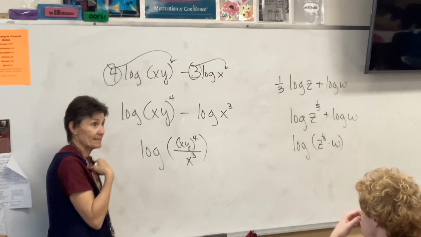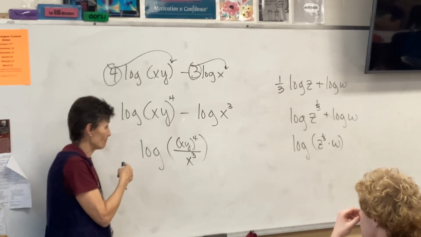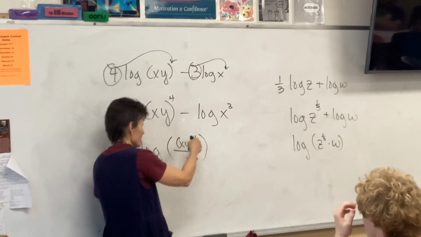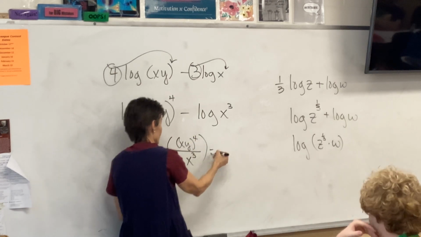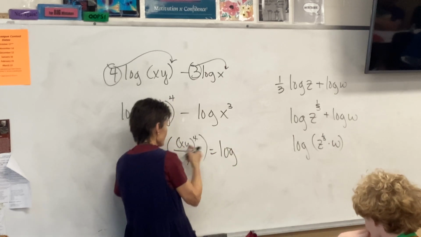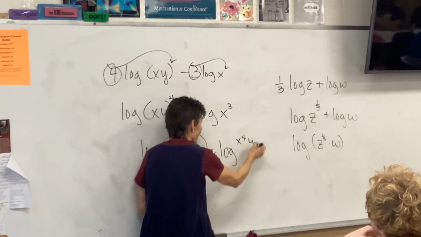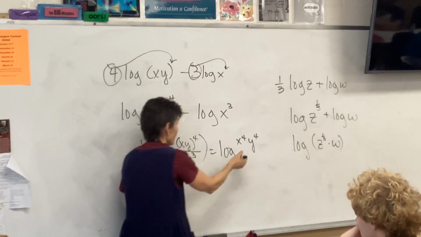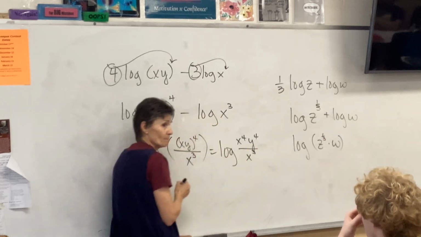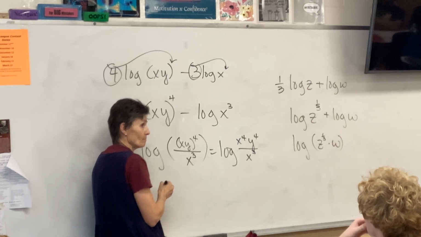Now, I think we're not quite done with this problem. Because tell me about this. What's this mean? Isn't that x to the 4th and y to the 4th? Isn't that what that is? And then in the bottom, I have x cubed. And what's gonna happen?